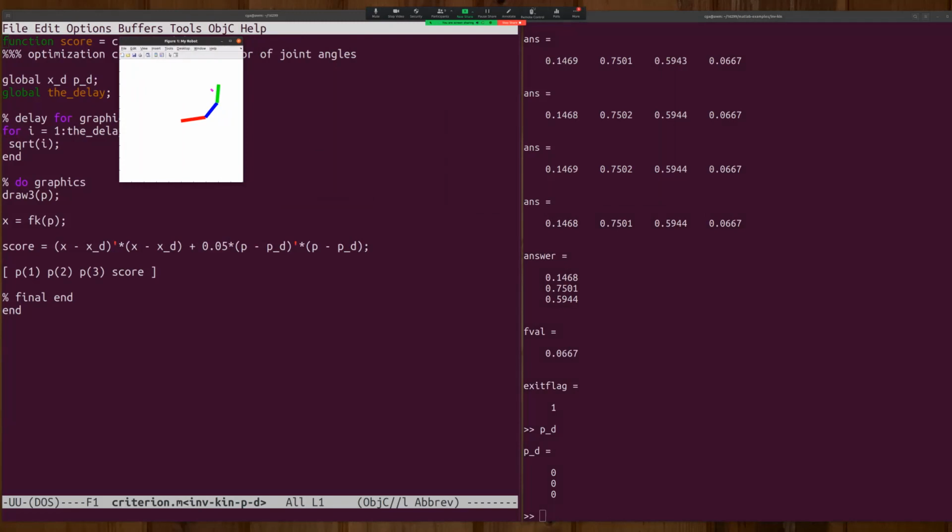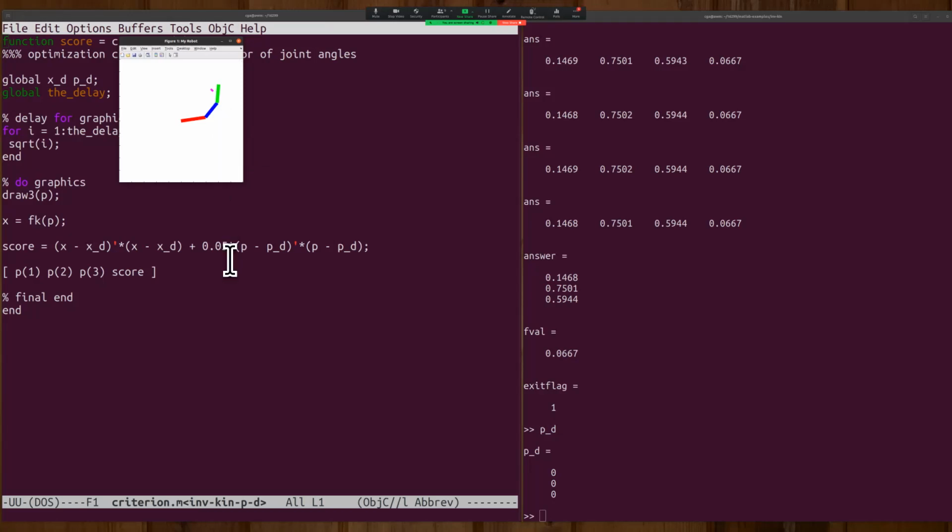And you see, I have to choose a weight to trade off doing what I really want and taking into account the other things that I sort of want. And the problem with this approach is I'm going to introduce an error in hitting the target in order to basically try to get the angles to be as small as possible.